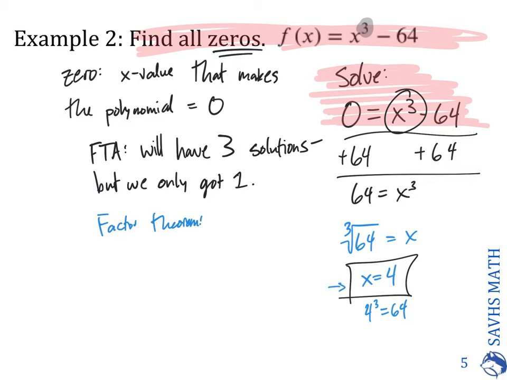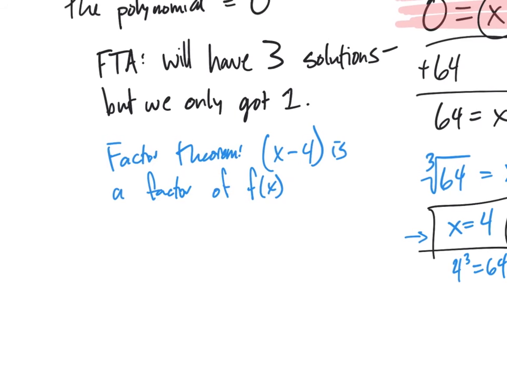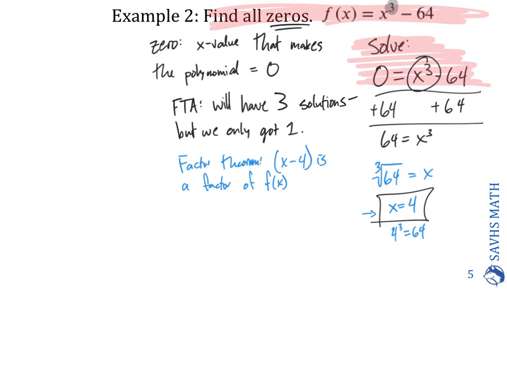Since we know x equals 4 is a solution, we can say x minus 4 is a factor of f of x. I'm calling it f of x because that's what it's originally called there. So what that means is I can take x cubed minus 64 and divide it by x minus 4, see what I get out, and then use quadratic strategies to solve my problem at the very end.